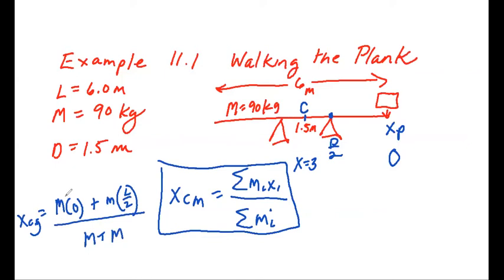This is the center of mass of the plank, the whole 90 kilogram plank, right in the center, so we're calling that 0. That equals M over M plus m times L over 2.